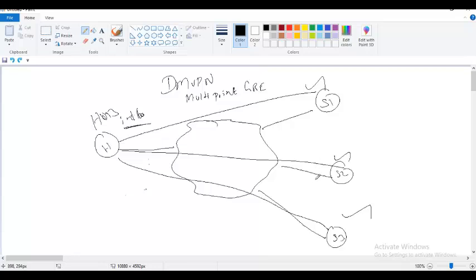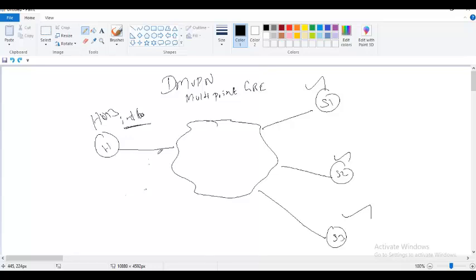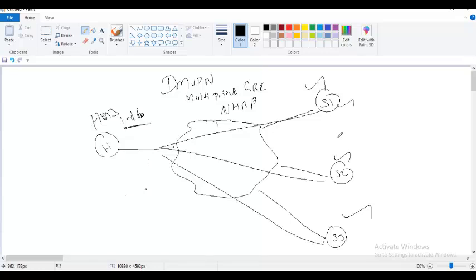Whereas in DMVPN, there is one protocol called NHRP. What this protocol will do, will resolve the private IP address of the spokes so that spoke 2 will know on which public address the spoke 1 is. So it can just communicate like this.